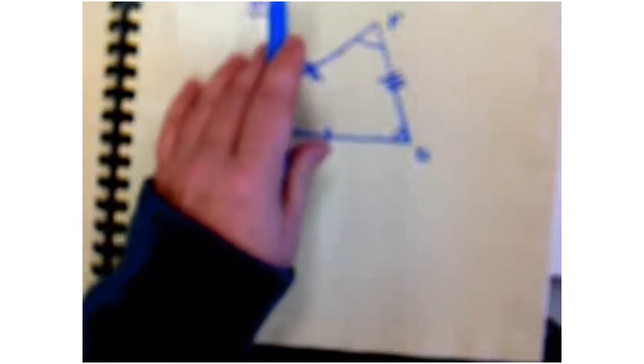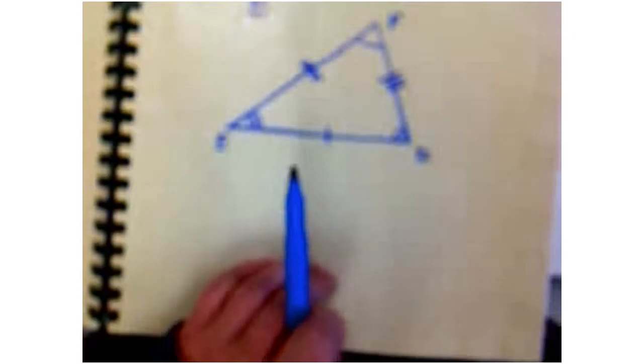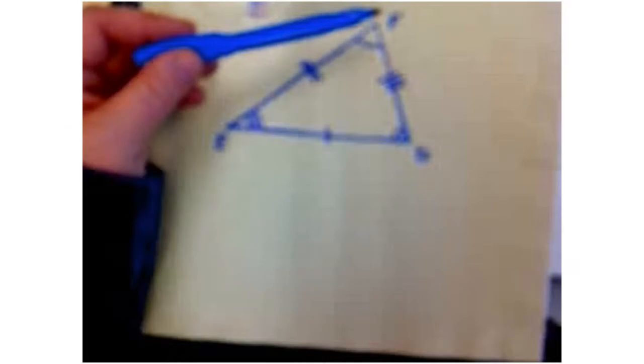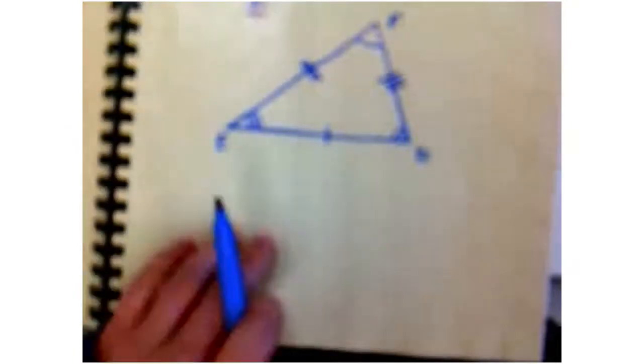As in mapping, the order of the vertices indicates the corresponding parts. So you've got to keep them in order. Notice that I say side AB is congruent to side FD. If A is congruent to F, we've got to say them in the same order. Okay, AB to FD. All right, and so they give all the symbols down at the bottom.